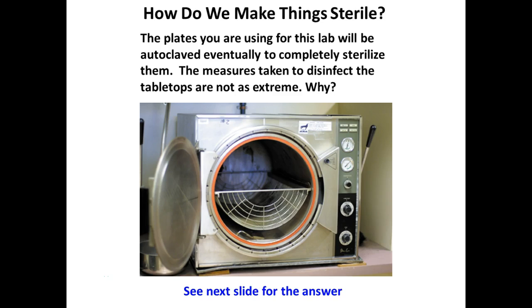Steam under pressure penetrates through even the glass and everything. It will even kill endospores. It'll penetrate through that spore coat. It will kill any bacteria or viruses you stick in there. It will completely eliminate them, so we don't contaminate our environment. We kill everything before we throw away the Petri dishes and the tubes and all of that.